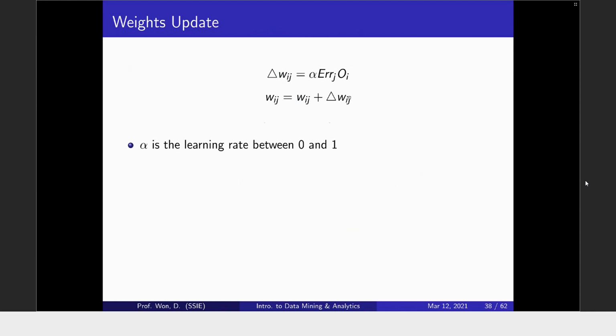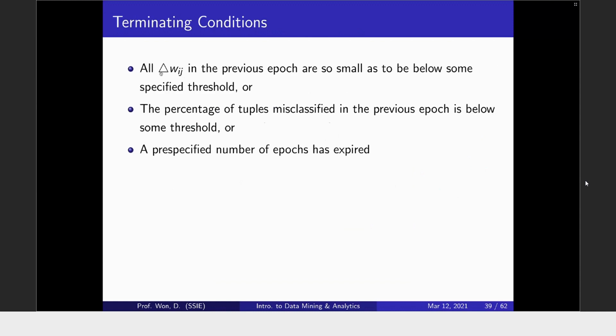So the stopping conditions: all the delta in the previous epoch is small, below some threshold; or the percentage of misclassified examples in the previous epoch was below some threshold; or the pre-specified number of epochs has expired.